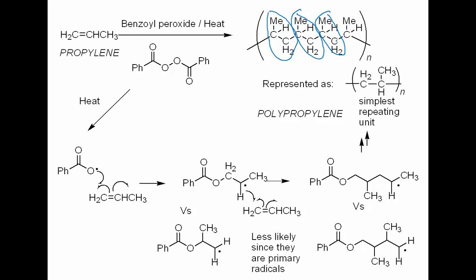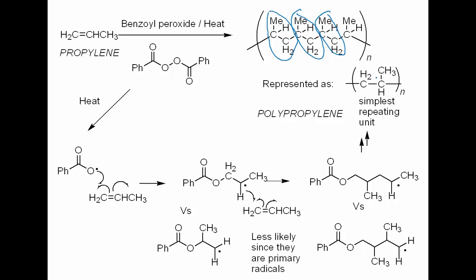We have a CH2 followed by a carbon with a methyl, followed by a CH2 and a carbon with a methyl, CH2 and a carbon with a methyl. This pattern repeats itself quite faithfully throughout the structure of this compound. We can represent it basically as this repeating unit right here.